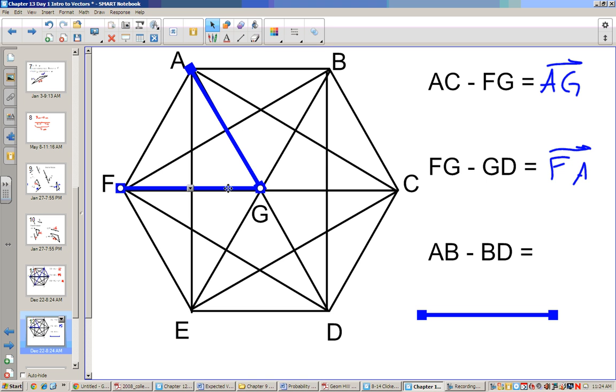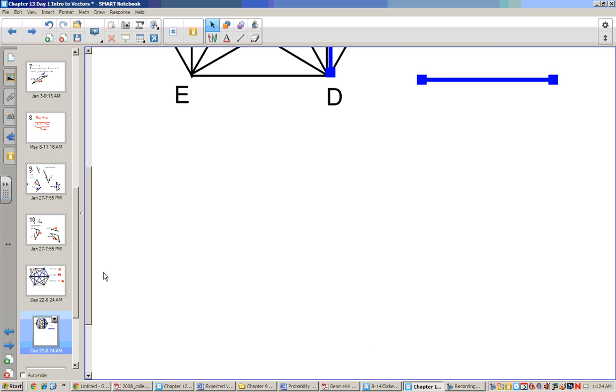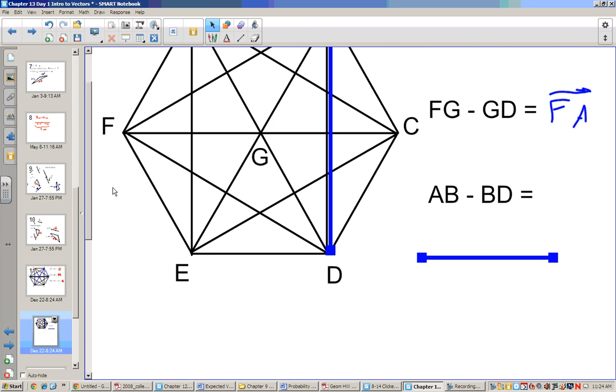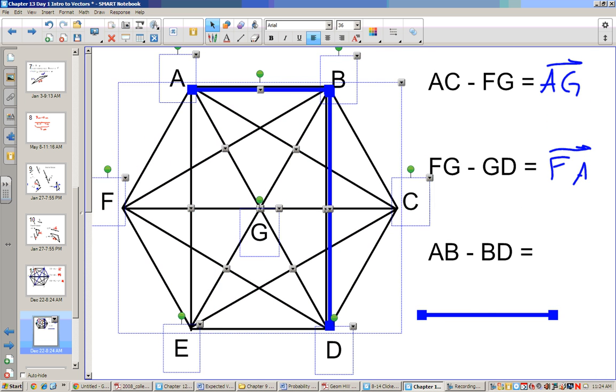Now if we have AB, line this up, AB minus BD. BD is here. So if I subtract BD, now this gets kind of weird. I'm going to pull this down so we can see what happens.